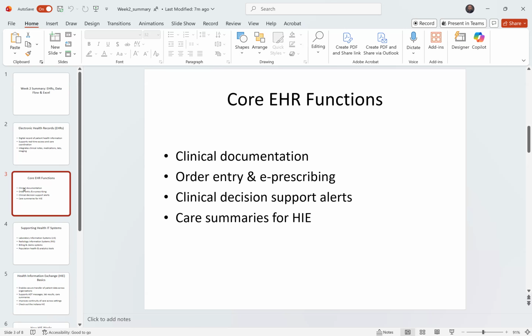Clinical decision support alerts. It is very much like alarms that we set, but these are automatically done. Think about if your credit card is being used without your authority, you'll get all kinds of flags from the credit card company because they know your patterns.